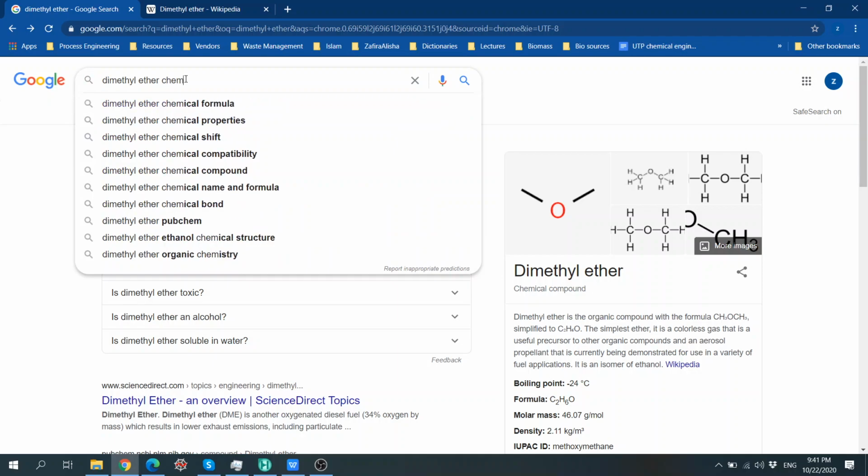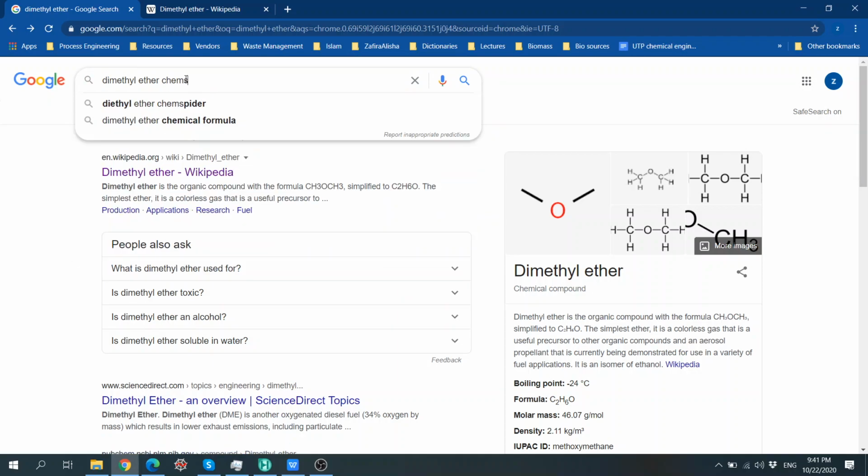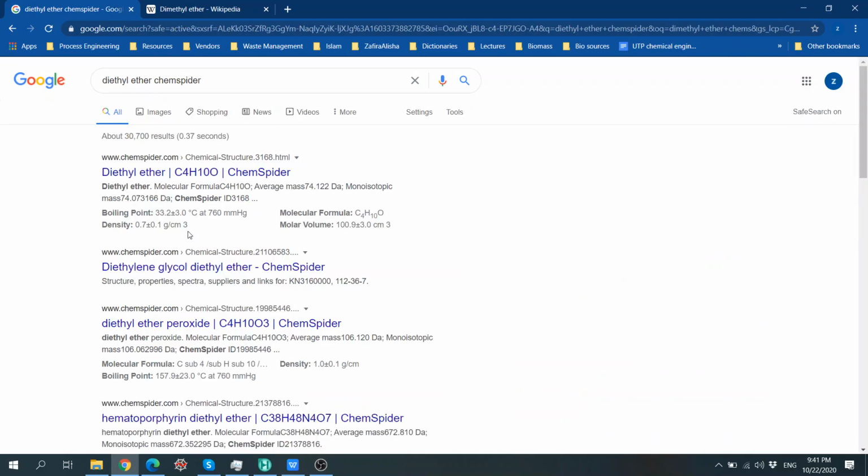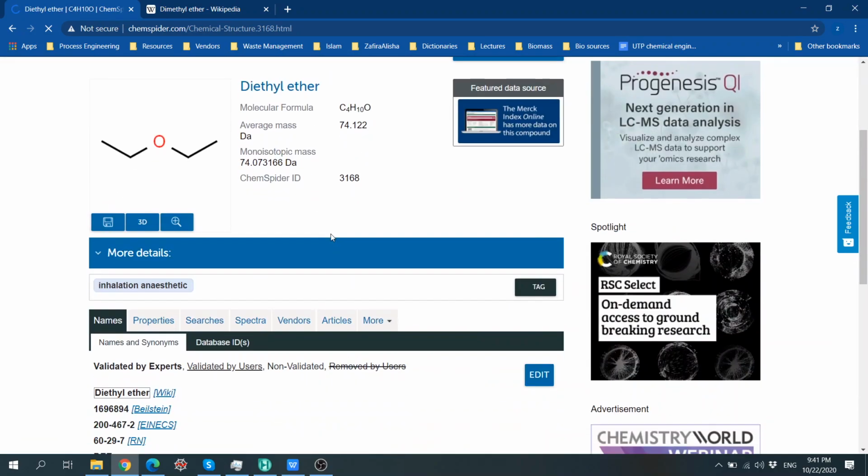ChemSpider, yeah, this one. Now it gives the density. Oh, this was the ethyl ether.